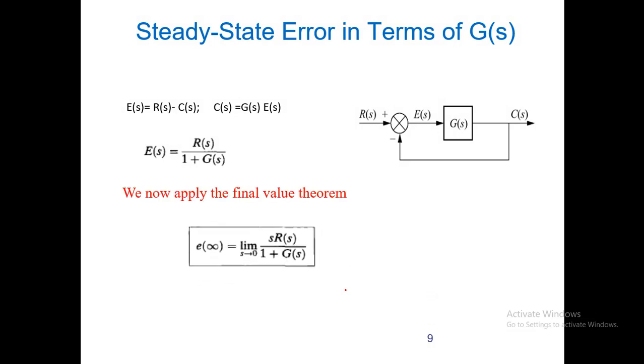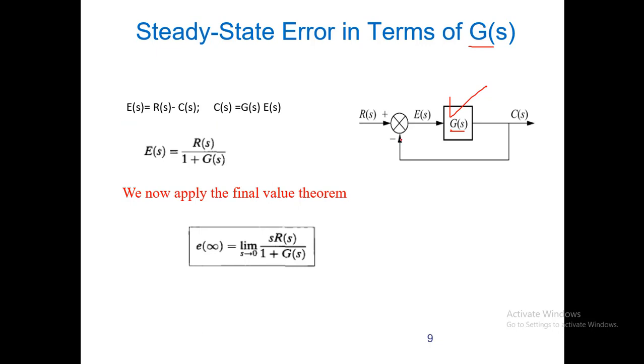So let's talk about the steady state error in terms of G of s, or the forward path gain. If you only have this forward path gain G of s, and someone asks you to find the steady state error, note that this is specifically for a unity feedback system. Always keep in mind that this is a unity feedback system.